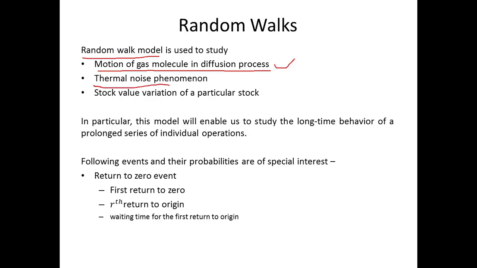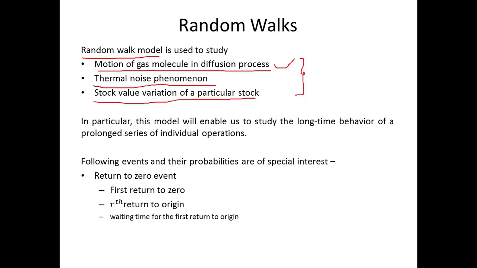Similarly, thermal noise phenomena and the stock value variation of a particular stock are also modeled by using the random walk model. These are just a few examples, but the random walk model can be utilized in a very long list of applications.